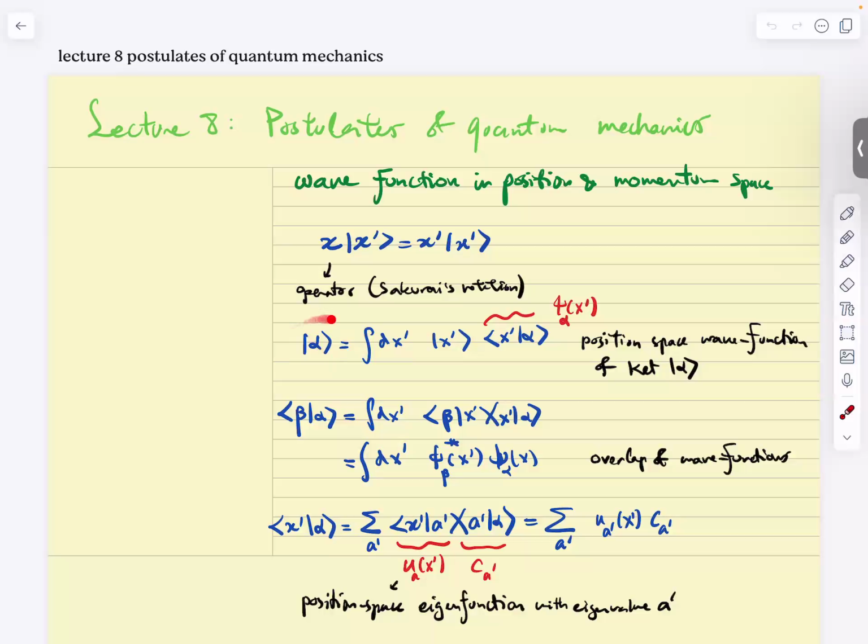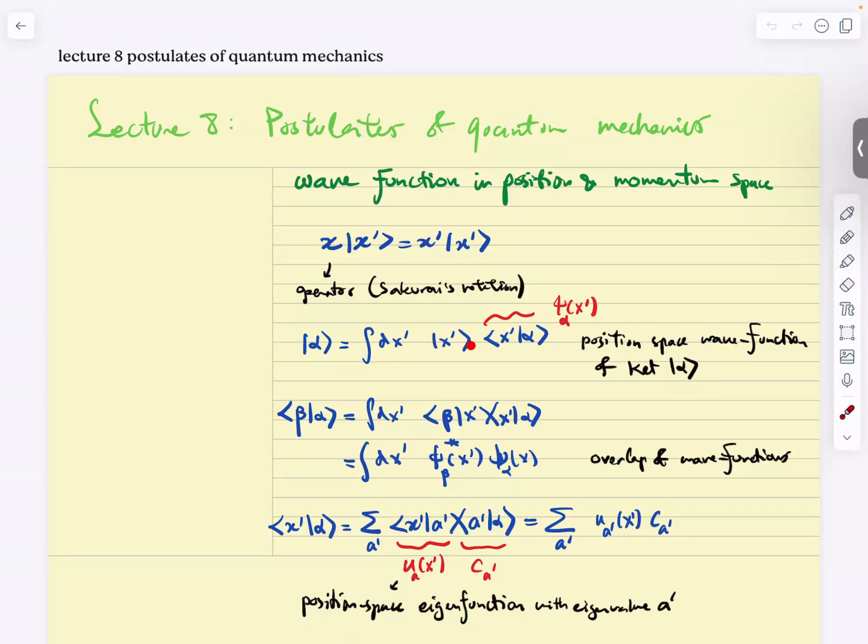All right, we can take any ket and expand it in the eigenbasis of position. So this is just a resolution of identity that we set for continuous variables. It becomes an integral, right?